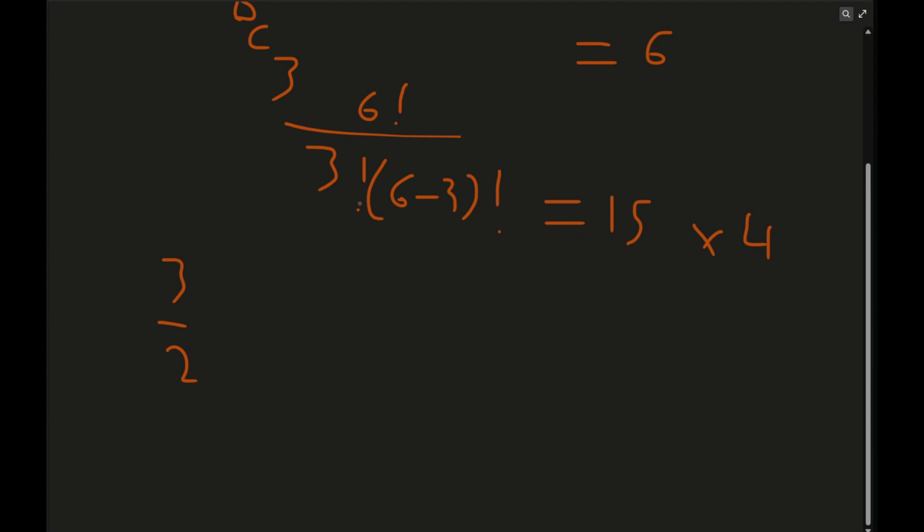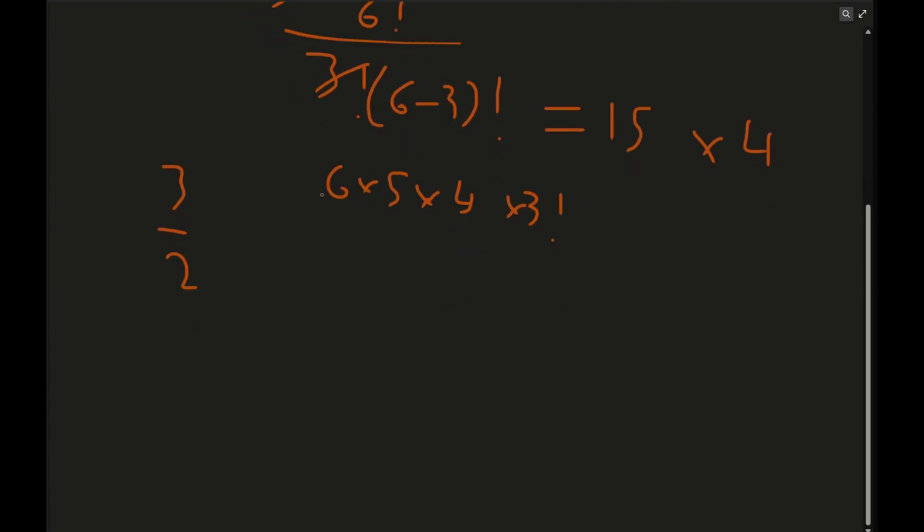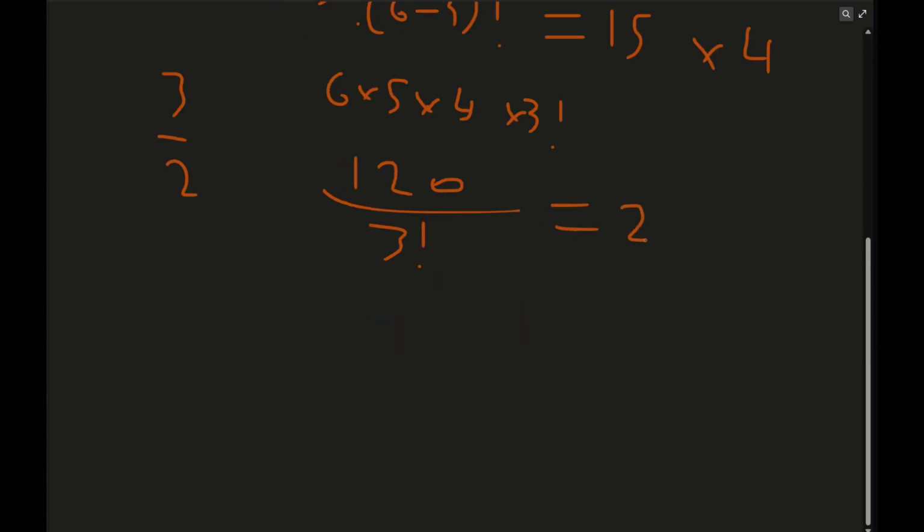And then we can expand this out again. So it's 6 times 5 times 4 times 3 factorial, which means we can cross these off. So it's 30, 120 over 3 factorial. Yeah, 20.